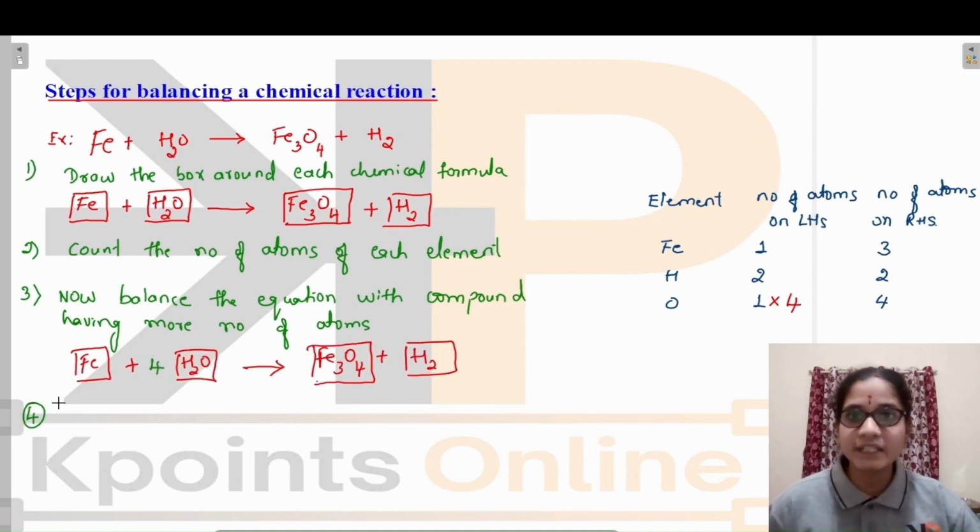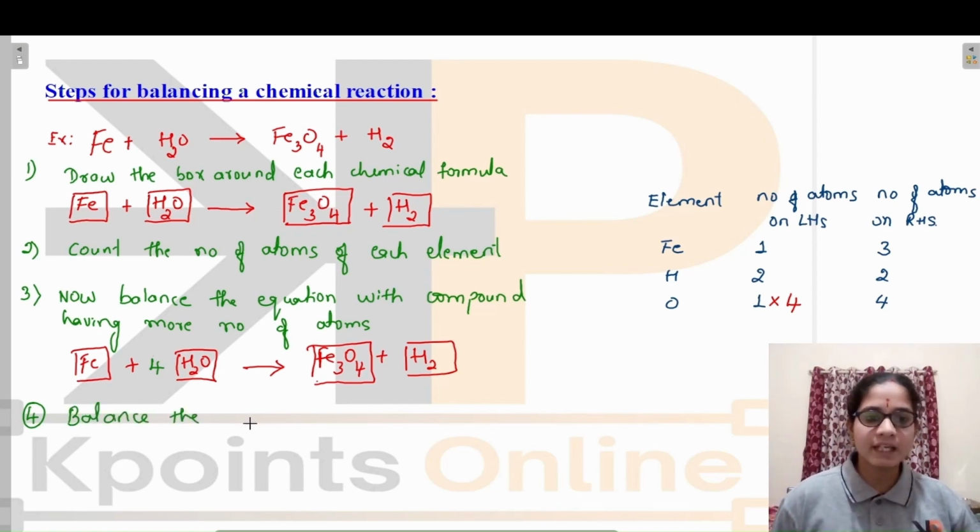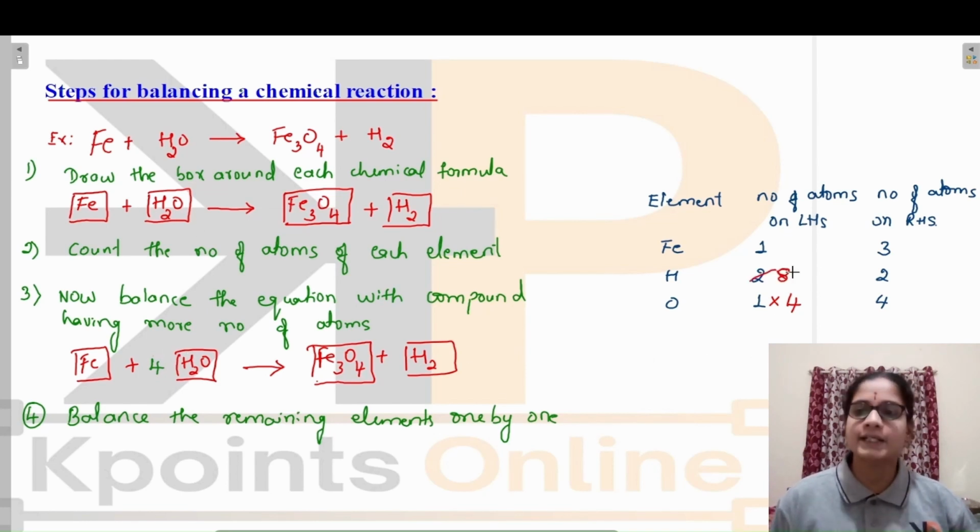Next, balance the remaining elements by adding coefficients. Now balance the remaining elements one by one. As I have already said, once the coefficient is written here, the number of hydrogens is also affected. So it becomes 4 into 2, which is 8. The number of hydrogen atoms is 8. So now I need to balance the hydrogen atoms also. How can we balance them?